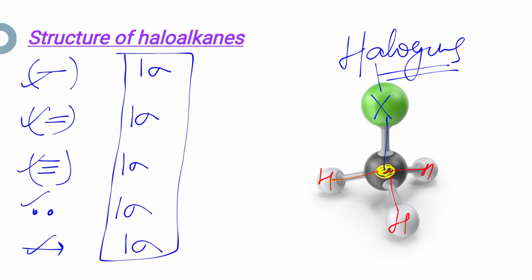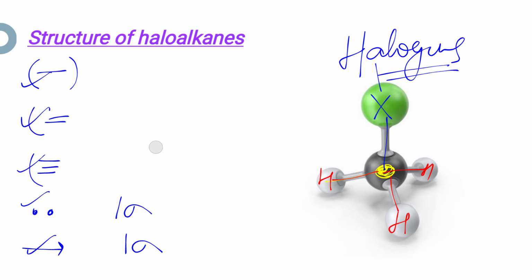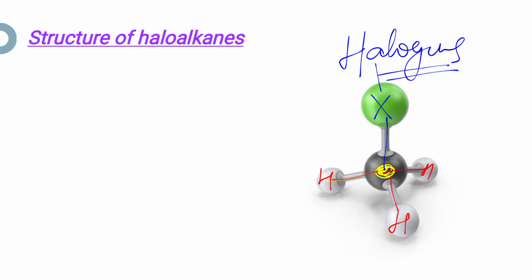So the first thing is we should count the sigma bonds: one sigma bond, the second, the third, and the fourth sigma bond. Total number of sigma bonds is 4.